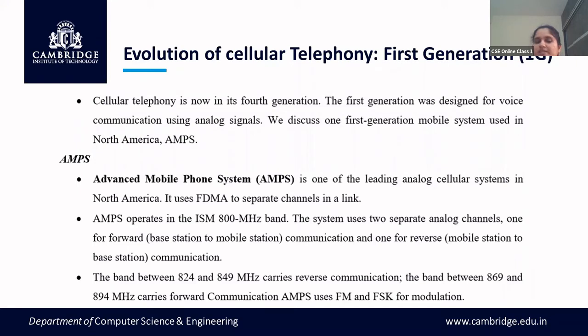The first band, between 824 to 849 megahertz, was used for reverse communication. What do I mean by reverse communication? If you communicate from mobile station to base station, it is called reverse communication, and it used a frequency of 824 to 849 megahertz, whereas for forward communication, from base station to mobile station, it used a frequency of 869 to 894 megahertz.